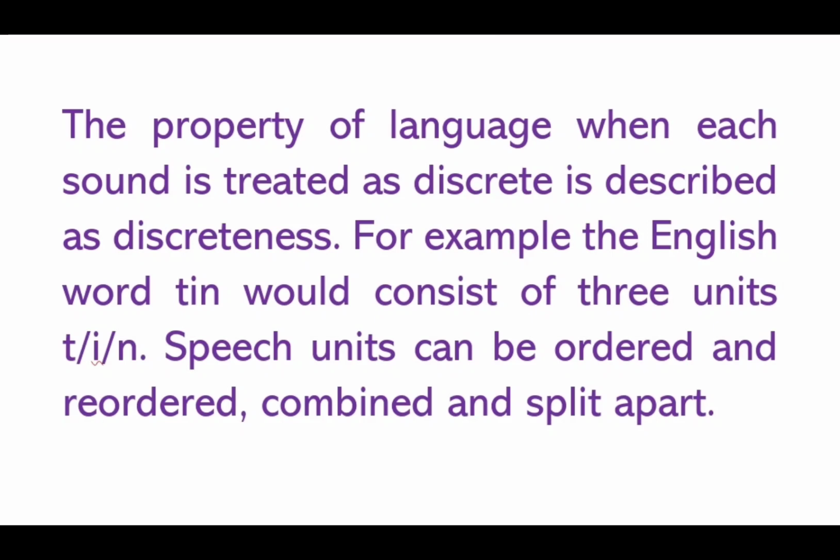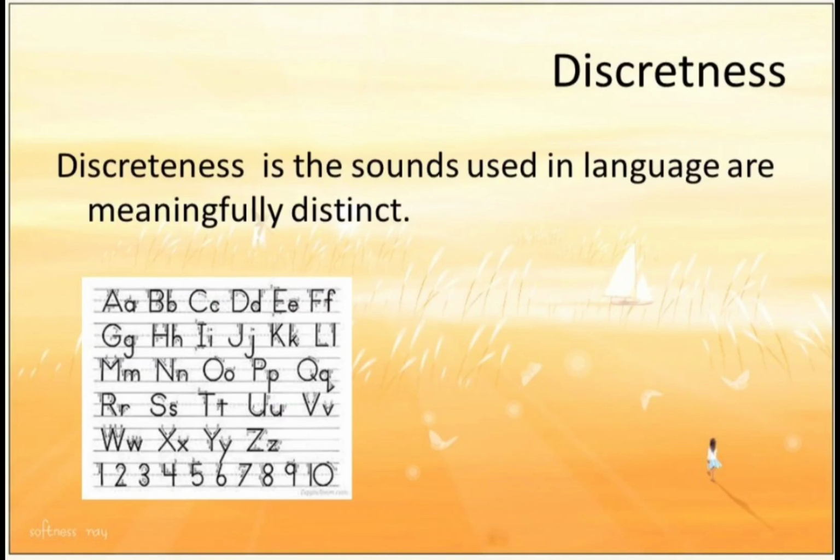For example, the English word tin consists of 3 units: T, I, N. Speech units can be ordered and reordered, combined, and split apart. Moreover, the sounds used in language are meaningfully distinct. Furthermore, the sounds within the language are considered their own discrete sounds with their own distinct meanings.